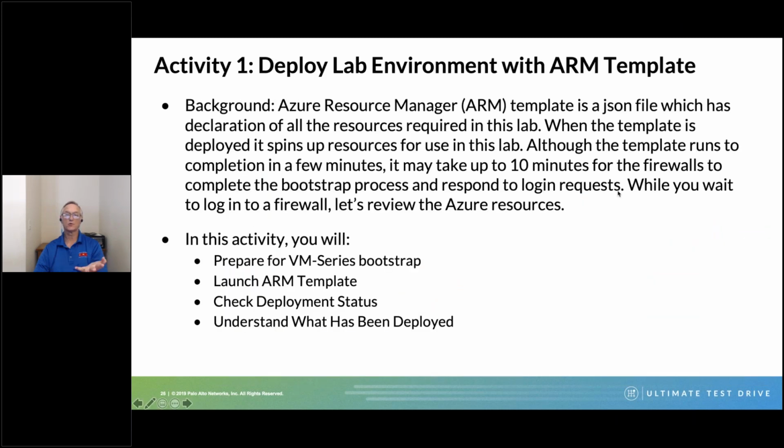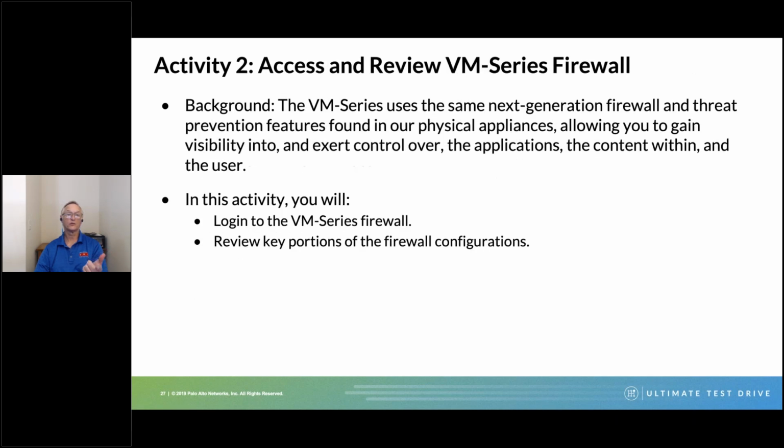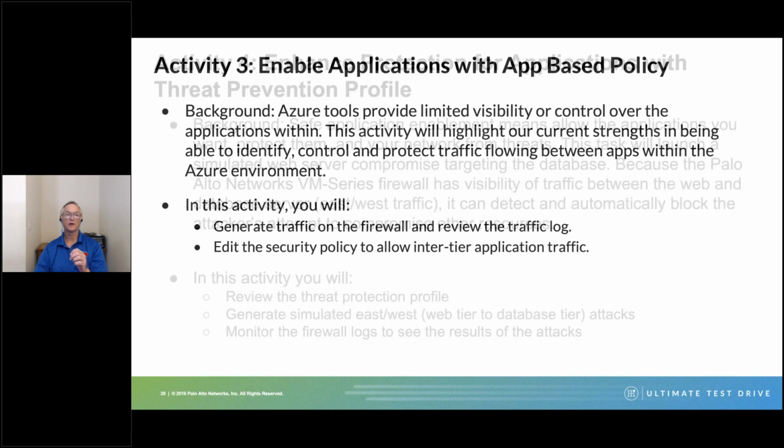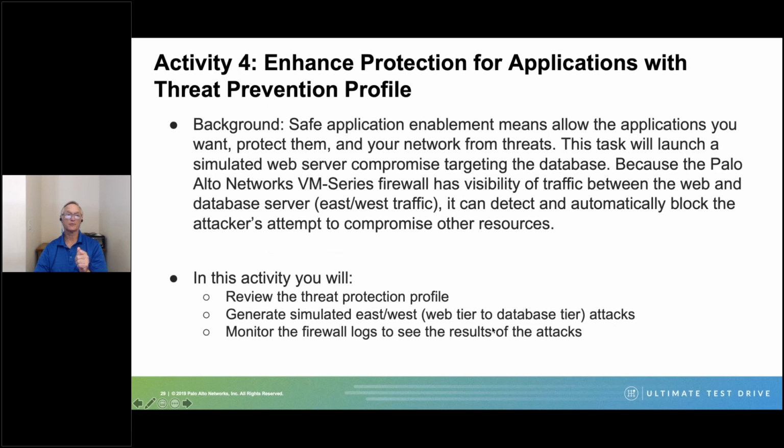And then this is a little more detail of what we're going to do with the lab. This is where we're going to actually deploy the lab environment from the Azure Resource Manager. Then we're going to take a look at the firewall that we deployed at the beginning of this activity. Then we're going to do the application-based policies. Then the enhanced threat protection for the applications.